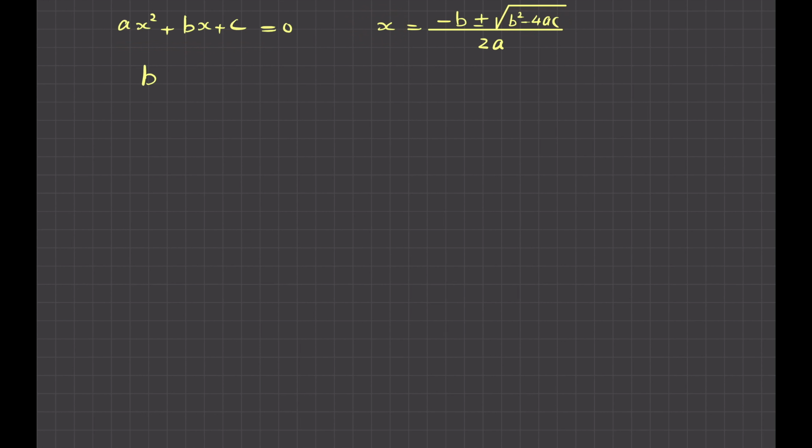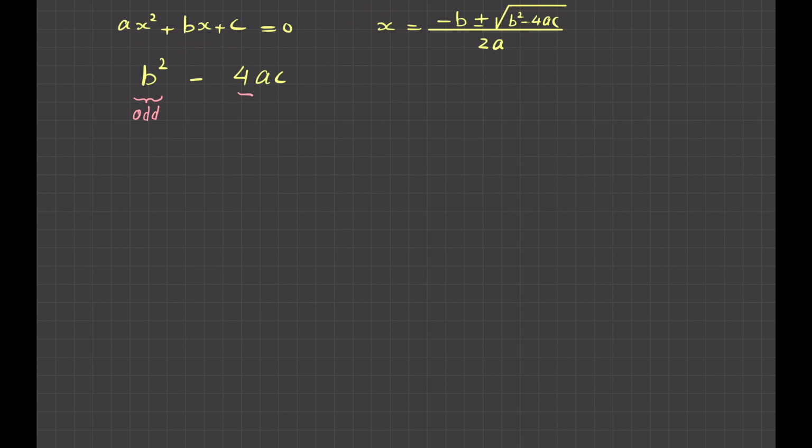So b squared minus 4ac. You know that according to the problem, b is odd, so b squared is also odd. By the way, I don't want to prove this. Proving these things is very simple. You can assume that b is an odd number and then square it, and you will see that it is easily shown that b squared is also odd.